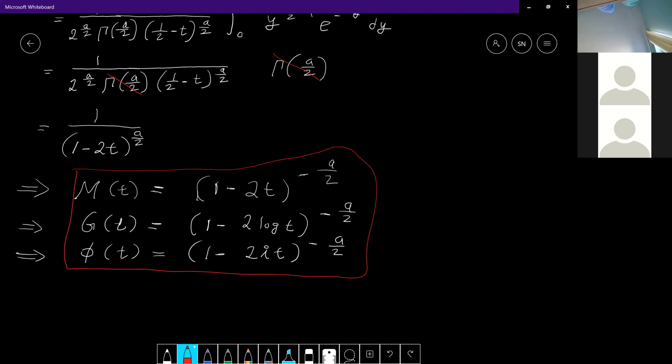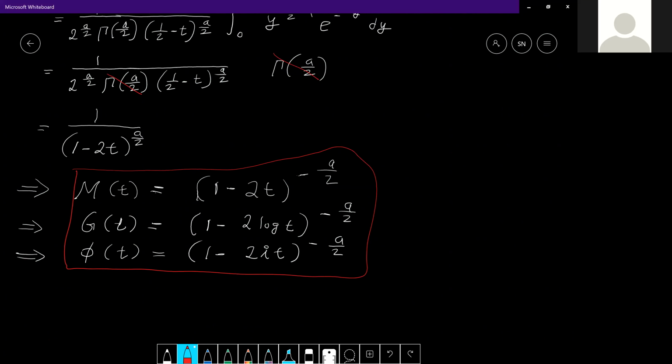But the next thing I'm going to talk about is what is the use of all these results that we have derived, like the MGF and the PGF and the characteristic function. What is the application of MGFs?